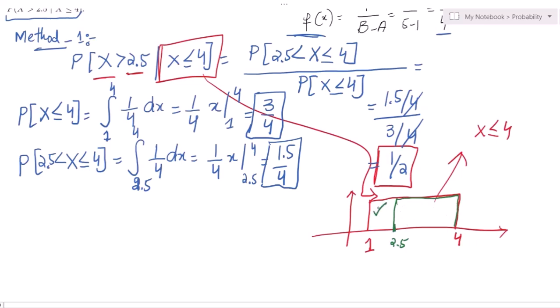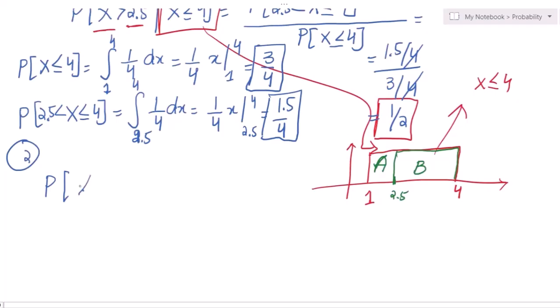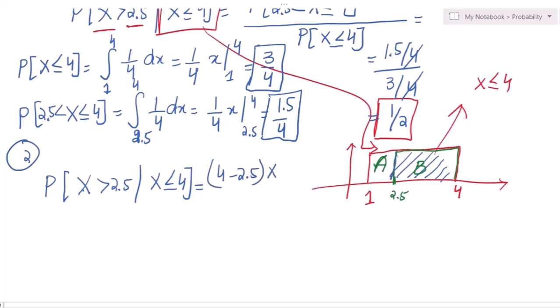This one is the first, let me call it A, and this one is B. In order to find the probability that x is greater than 2.5, given that x is less than or equal to 4, here we can use these two areas. The area we want to find is this one, so it would be 4 minus 2.5, which is the length, multiplied with this height.